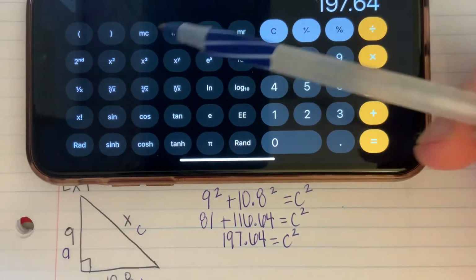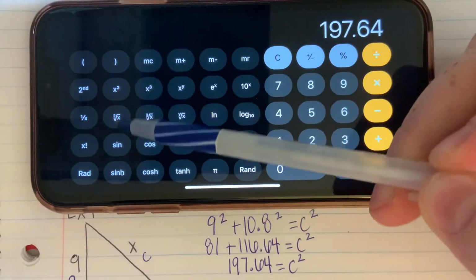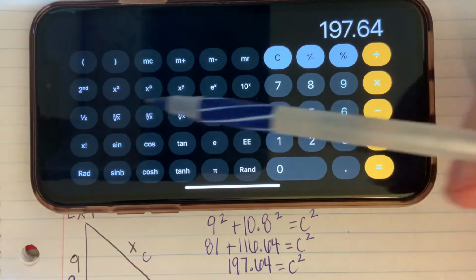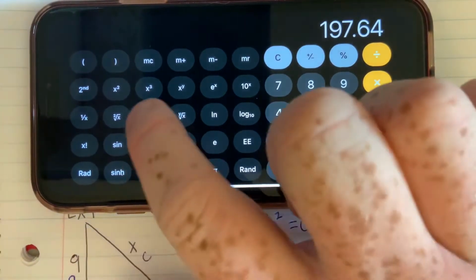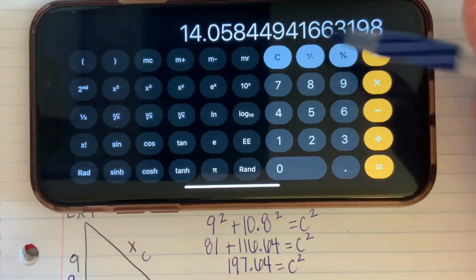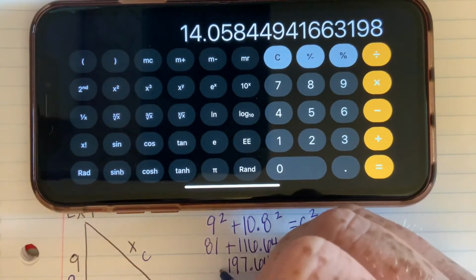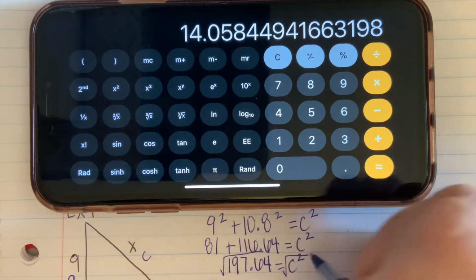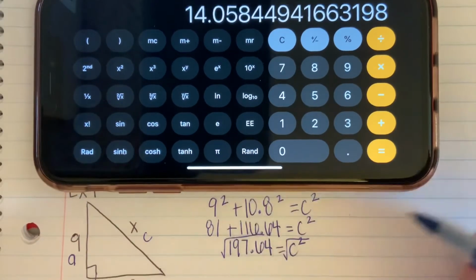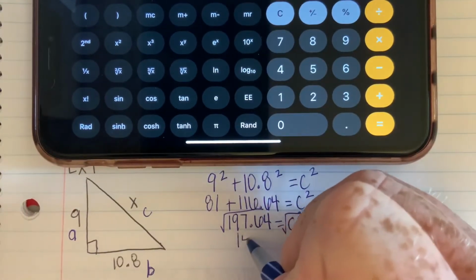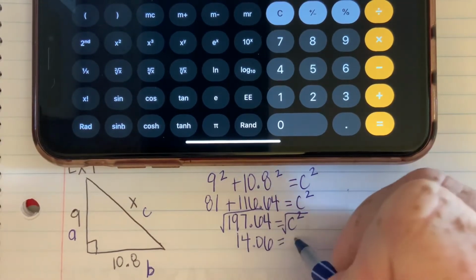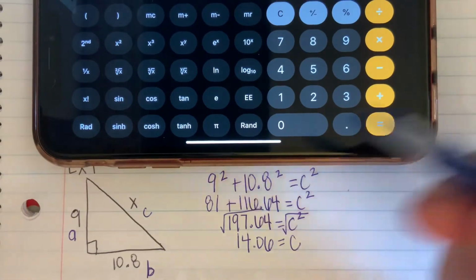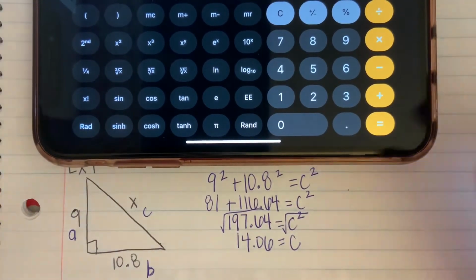The opposite of squared is that square root button. So I'm going to take the square root of both sides, because what I do to one side, I got to do to the other. I'm going to get 14.06, let's round, equals C. And that's my answer.